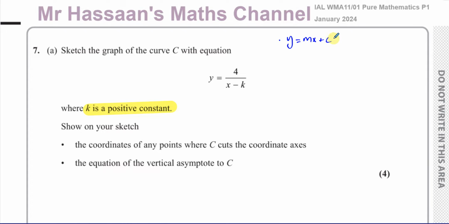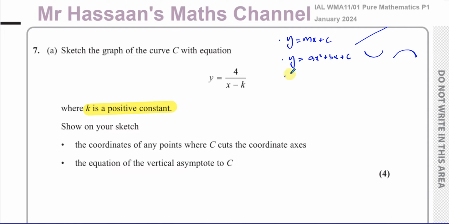Then you have equations of the form y equals ax squared plus bx plus c, called quadratic curves, where the highest power is x squared and there's no x in the denominator. It has either this type of shape or this type of shape, a parabola, with either a minimum or a maximum depending on the value of a.